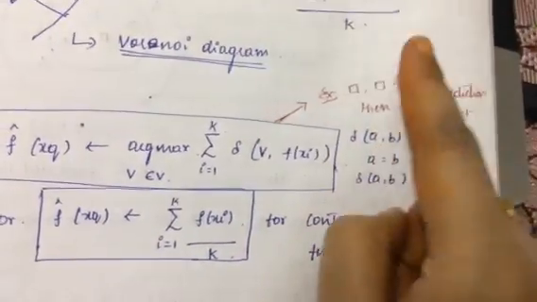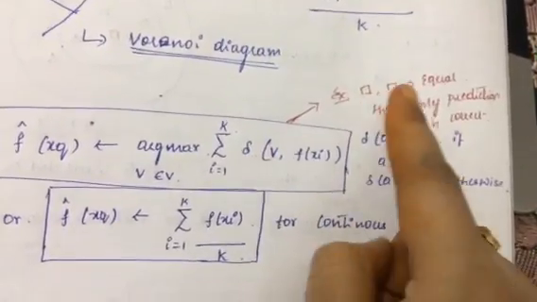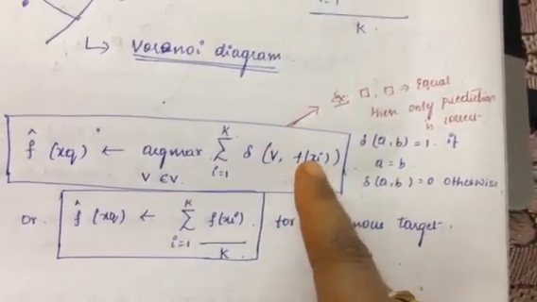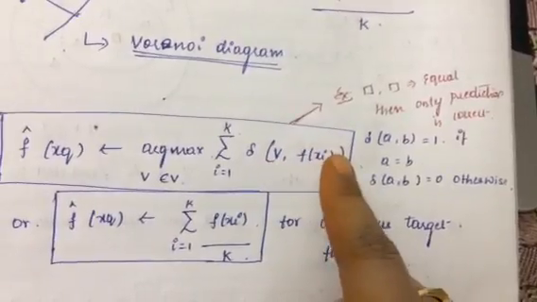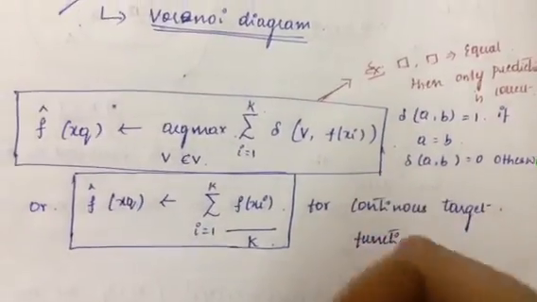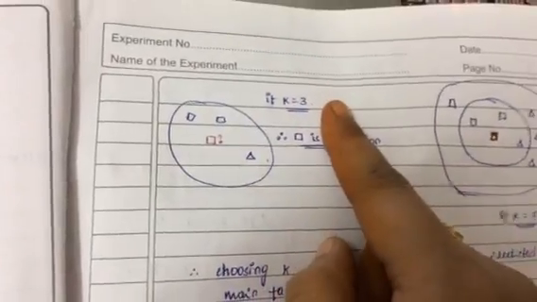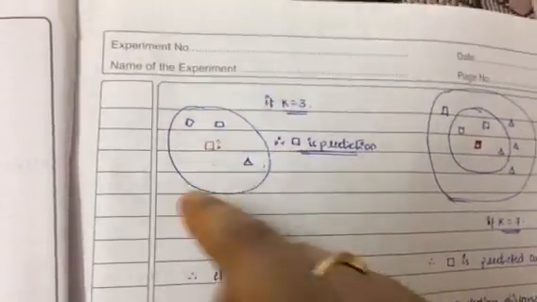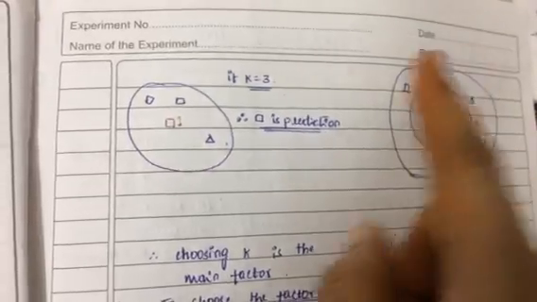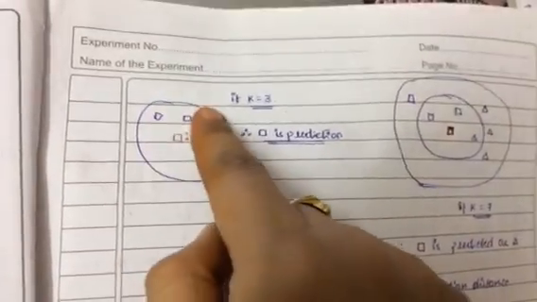For example, suppose I have a square here and a square here. If both are equal, then my prediction is correct. If not, my prediction is wrong. Here you can see, if I consider the k value as 3, my prediction is correct as it is a square.